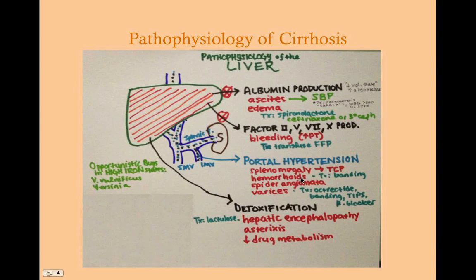Okay, so portal hypertension is really where we're going to get most of the symptoms in cirrhosis. So what we have here is the veins coming from, so this is venous circulation. We've got the splenic vein, and then veins that are draining the lower GI circulation: the superior mesenteric vein and the inferior mesenteric vein.